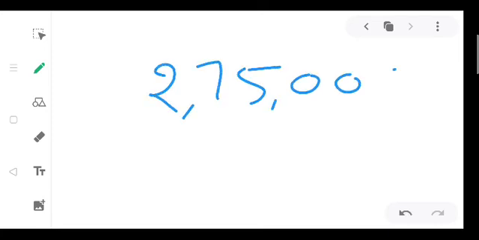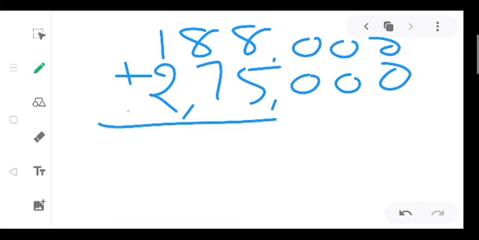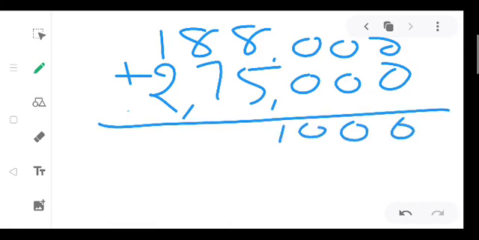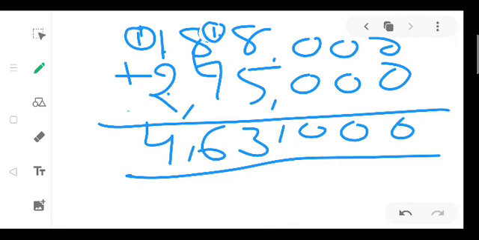2,75,000 rupees. Then you will add 1,88,000 rupees. You got the answer. 0 plus 0, 13. 1 will be carry. 8 plus 7, 15 plus 1, 16. 1 will be carried. 2 plus 1 and 1, 4. So how much total money spent? You can write the answer.